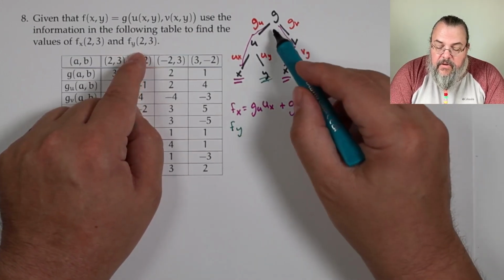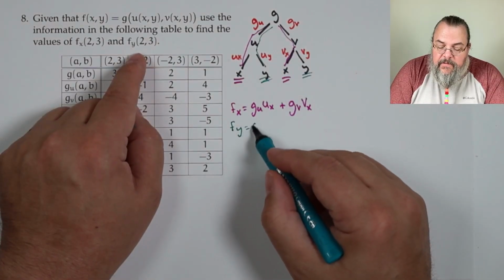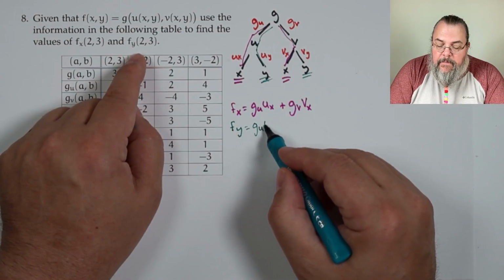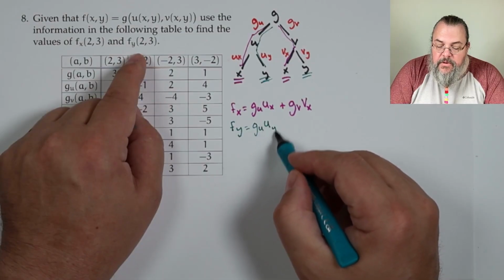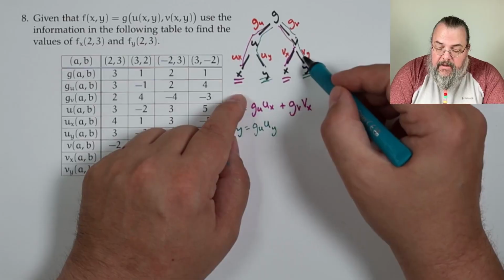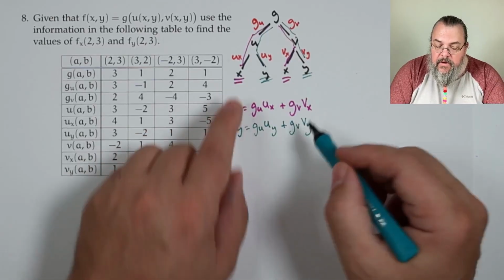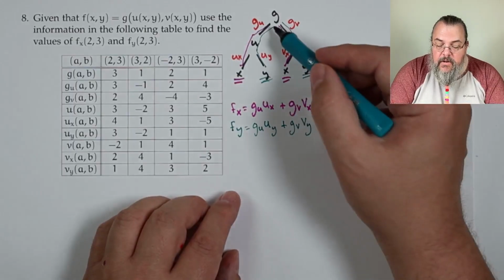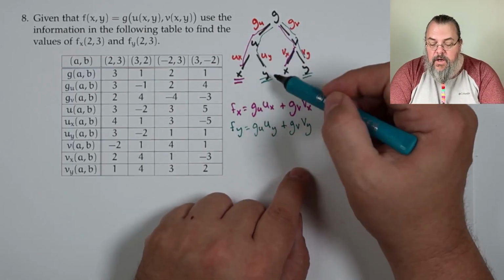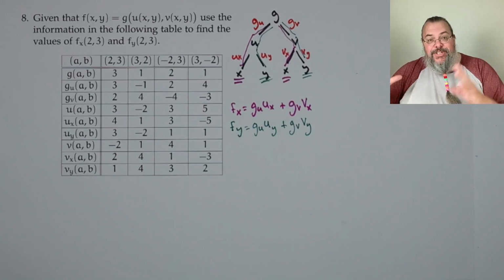So again, we have our 2 ways to get down. There's the effect that y has through the variable u, and there's the effect that y has through the variable v, right? g_v v_y, g_u u_y. Okay, that was the chain rule part.